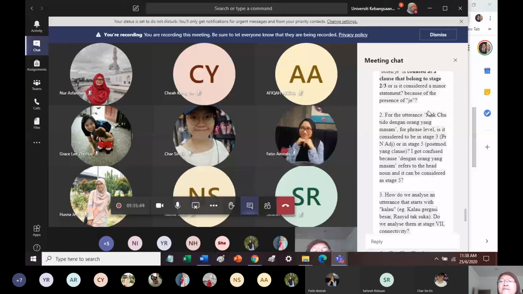So this is an S, V, dengan orang yang masam, which is a prepositional kan. So it's an A. So SVA. So clause level SVA. Phrase level, Makcu is an N, proper noun. Lepas tu tidur. And then this is a prepositional noun. Noun dia ada pula relative clause. Macam tu.